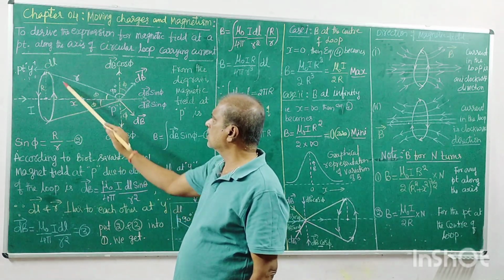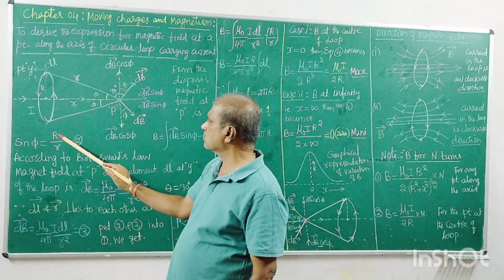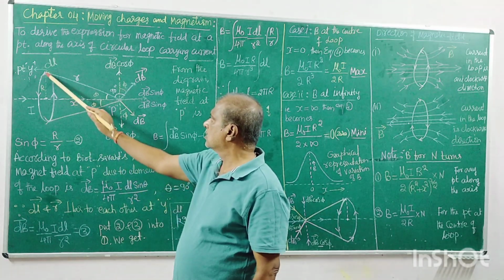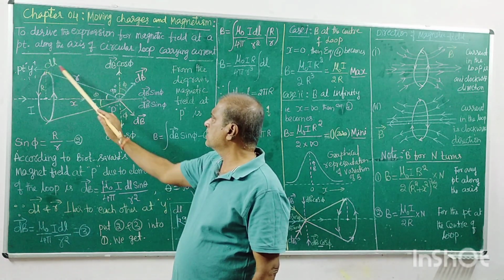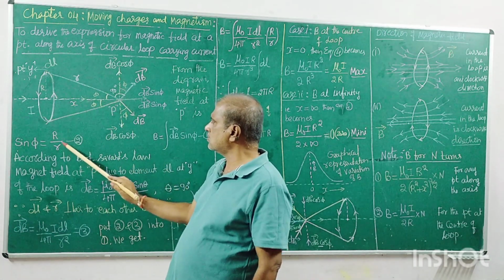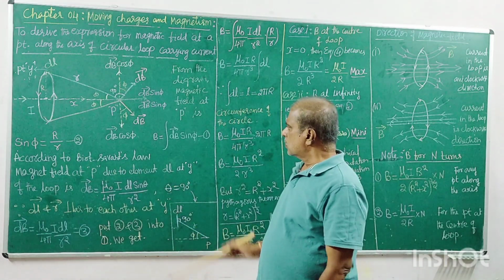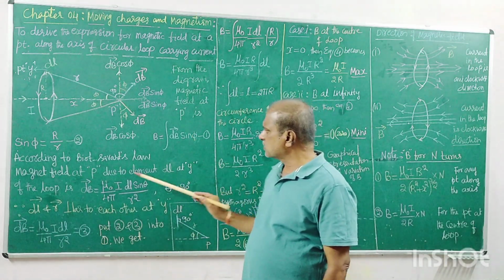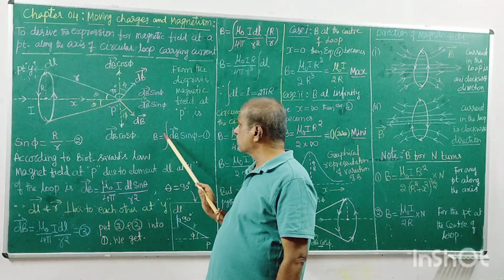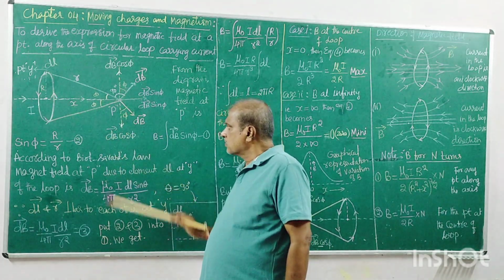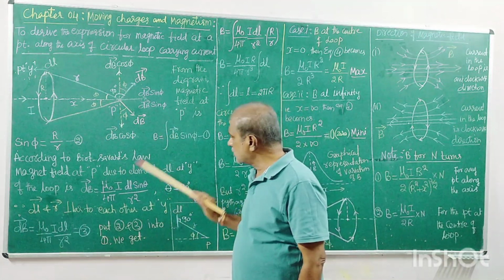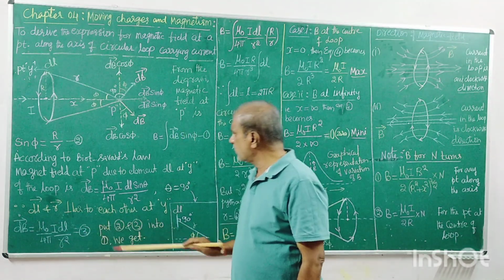What is small r? The distance between the point and this point, the position vector. So this is sin phi. We get this from the geometry of the drawing, and this from Biot-Savart's law.